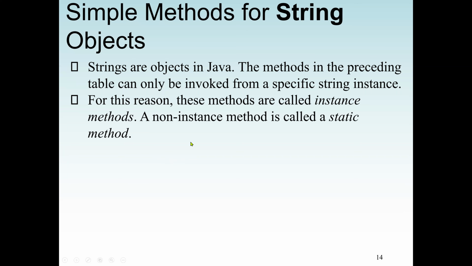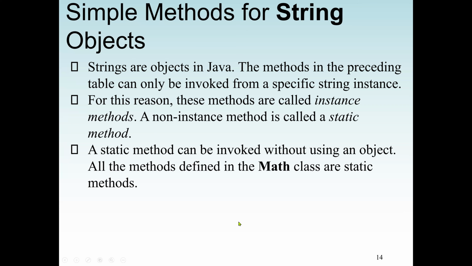A static method means that the method doesn't depend on any class or any object. For example, if I have an object and this object was created from a class, that object can use any method that class has. Again, this will be our next topic, which we're going to cover when we study object-oriented programming concepts. Here also, a static method can be invoked without using an object, as we said earlier.